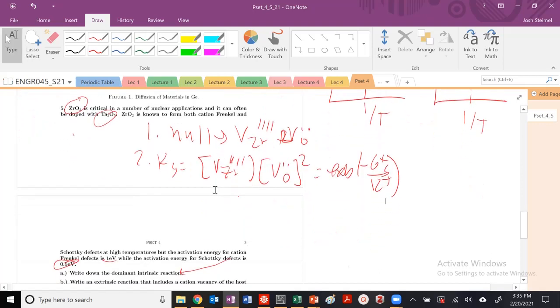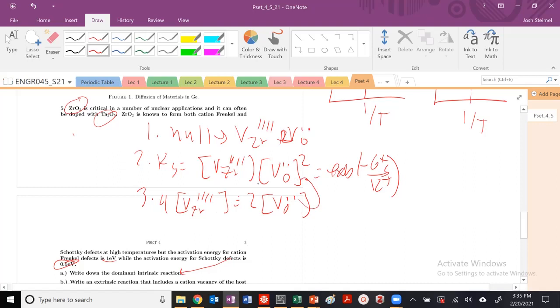Our electroneutrality expression is 4 times V_Zr'''' equals 2 times V_O••. We use this expression to plug back in to solve.